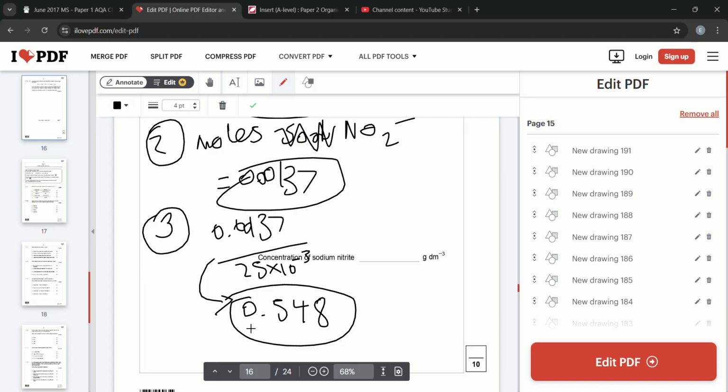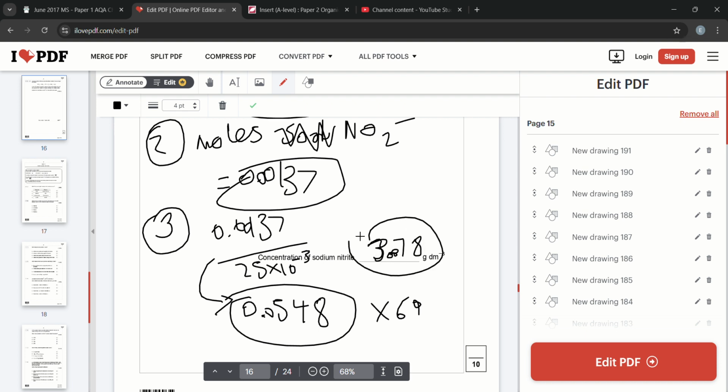So you get 0.00137 divided by 25 times 10 to the power minus 3, which is 0.0548, and therefore the concentration is going to be that times by 69, finding grams per dm³. 0.0548 times by 69 is 3.7812, so 3.78 grams per dm³.